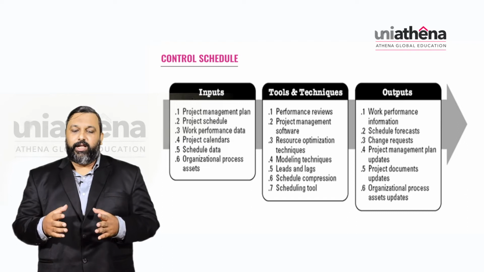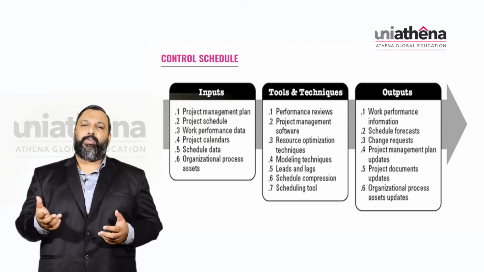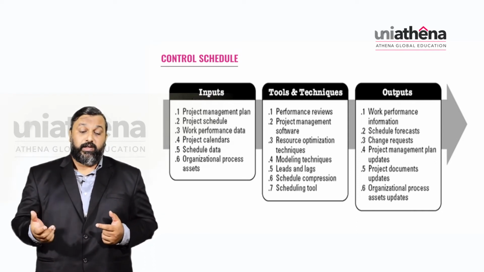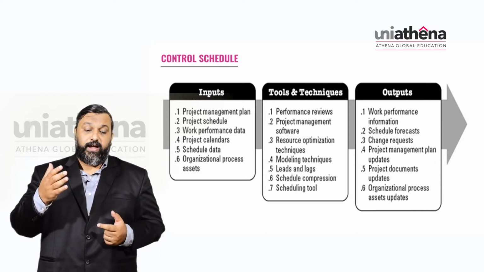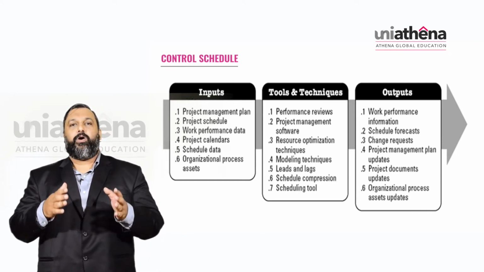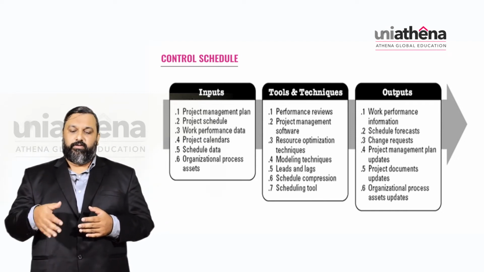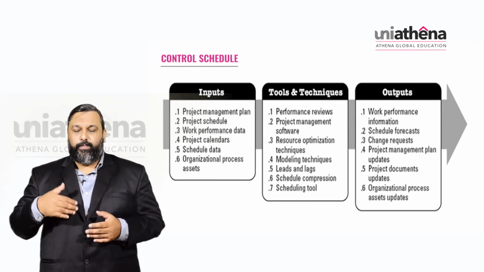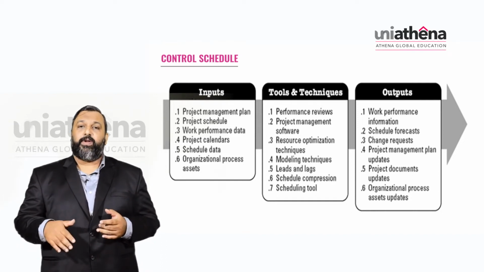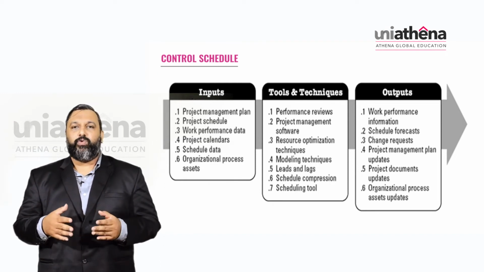So in a nutshell, your control schedule will have inputs as the project management plan, your project schedule, your project calendars, your work performance data, schedule data, and your organizational process assets. Now, the tools may be performance reviews or project management software. It can be resource optimization techniques, and it can be schedule compression or scheduling tools.